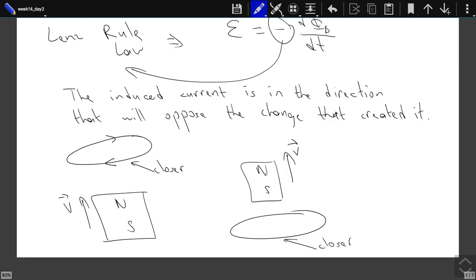The B field at this ring has a vertical upward component, which is getting smaller and smaller as the magnet is going further away. So the induced current will try to enhance the upward component of the magnetic field. It doesn't want it to get smaller. So it's just in the opposite direction.